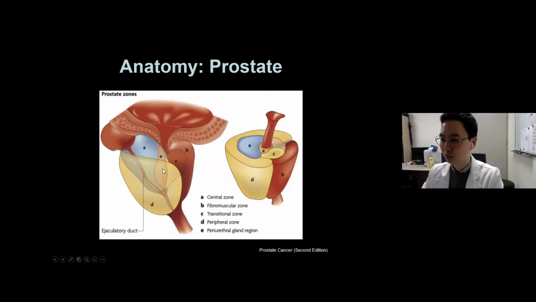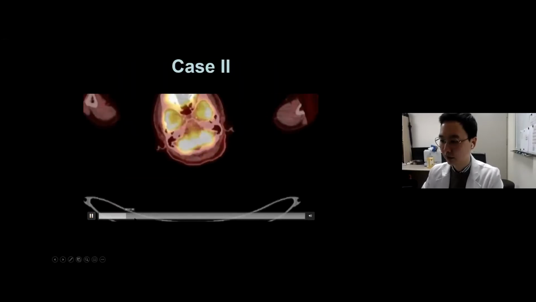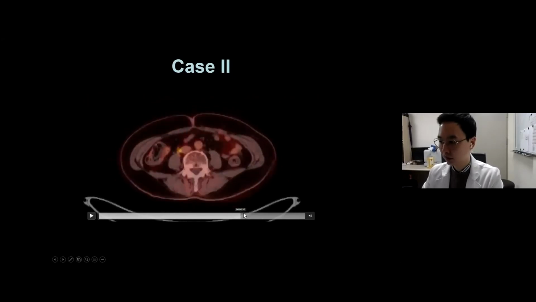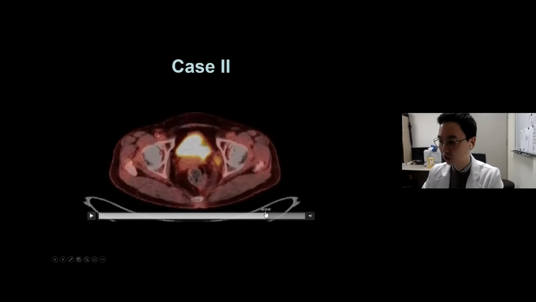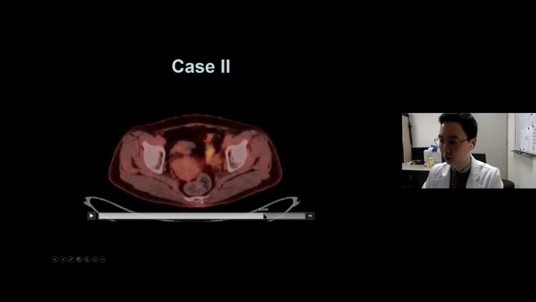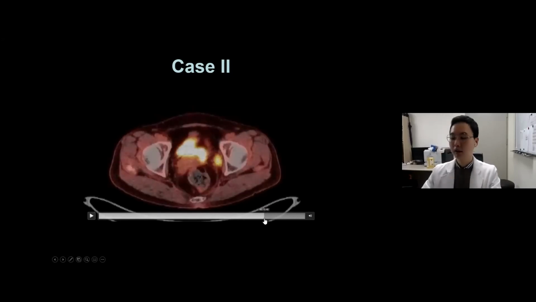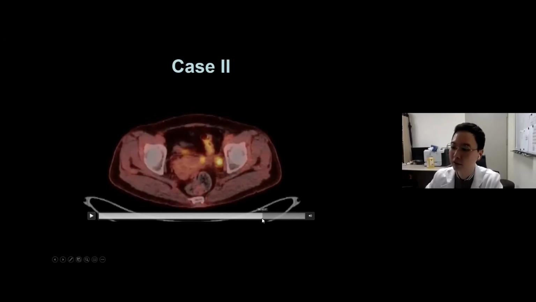However, as you might imagine from the PET, it is actually hard to distinguish the tumor lesion in the bladder itself. However, the tumor in the left external iliac is well seen.